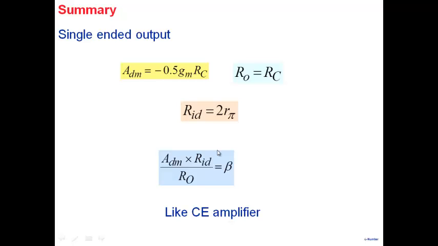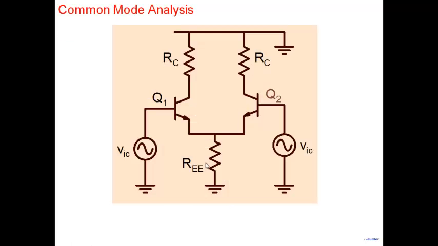Okay, and remember, we started out by attempting to build a common emitter amplifier where we didn't use capacitors for biasing and for coupling of signals here. And so that's what we achieved. We achieved an amplifier which has identical characteristics as a common emitter amplifier. All right, so that's the differential part here.